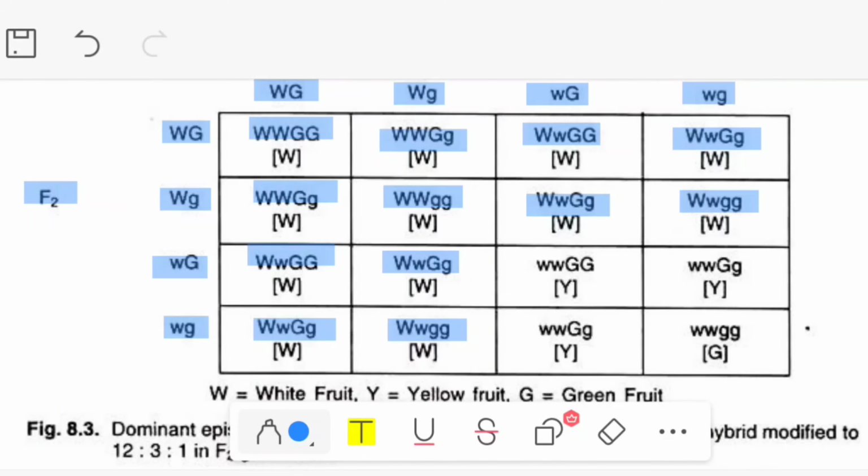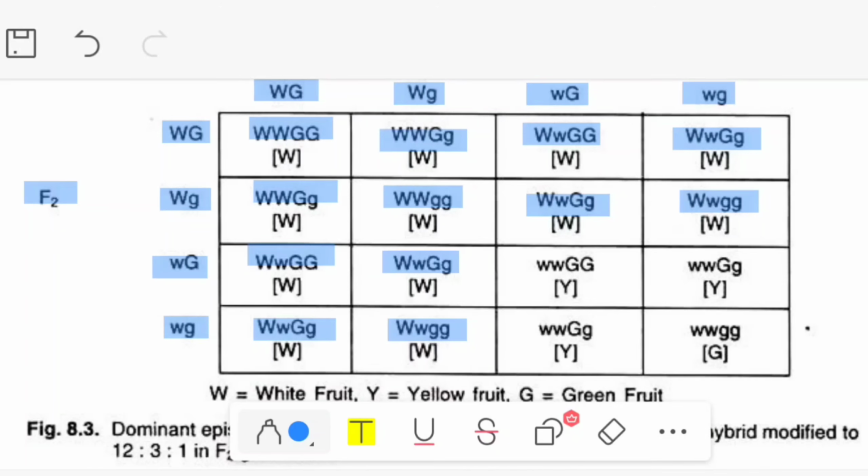You can observe this in the third row second column, the second row third column, and the fourth row second column. Only a single W is present, but it has still masked all the expressions of the other alleles.